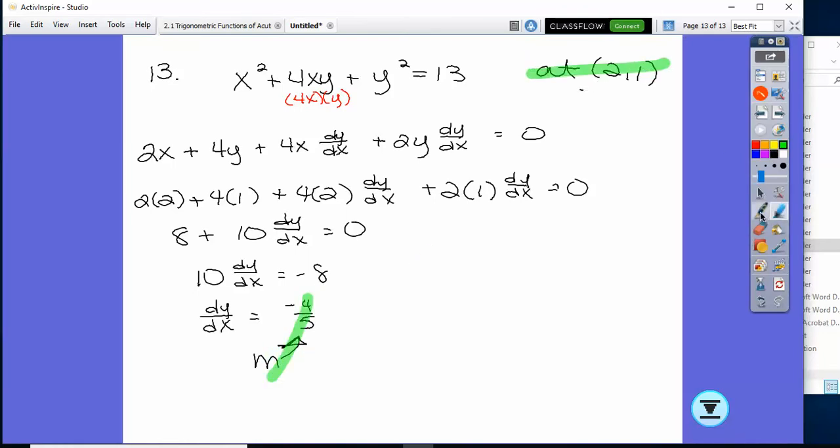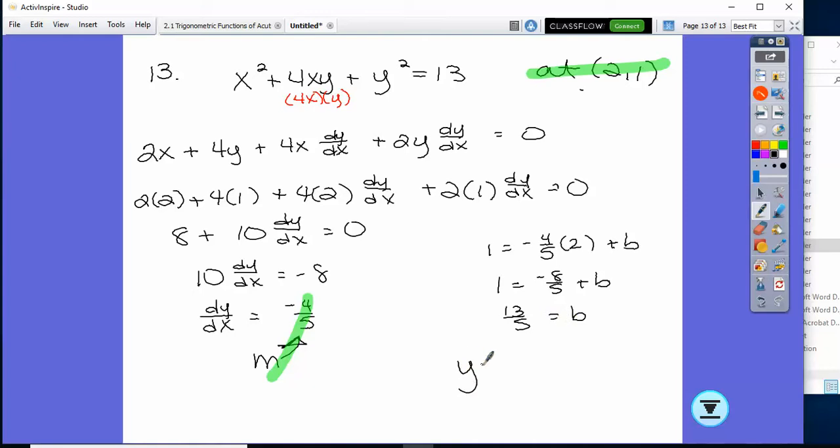Now we have a point and a slope, we can write the equation of our line. So y is 1, m, negative 4/5, x is 2, plus b. Add my 8/5 over.